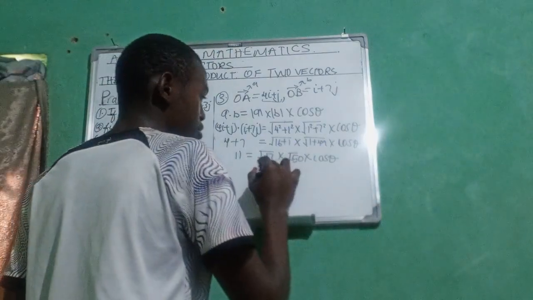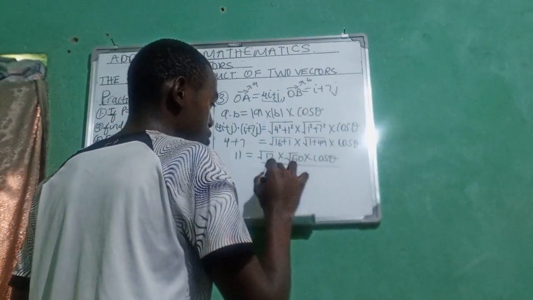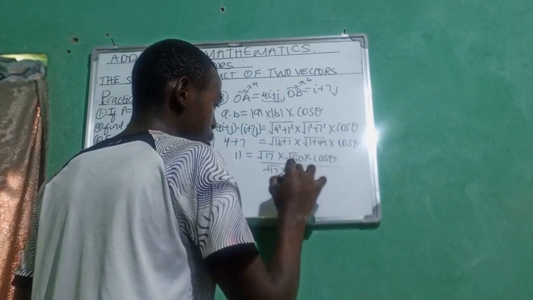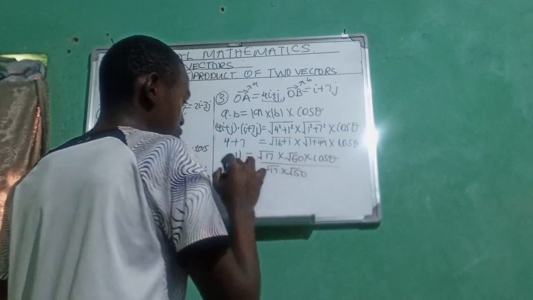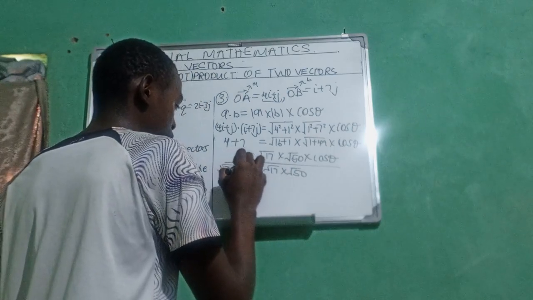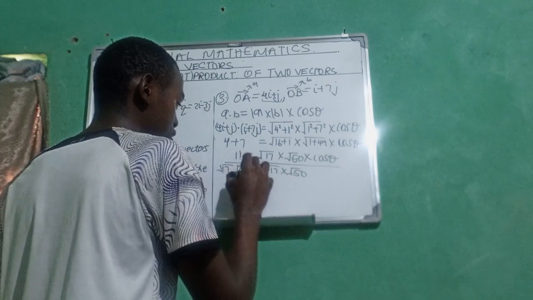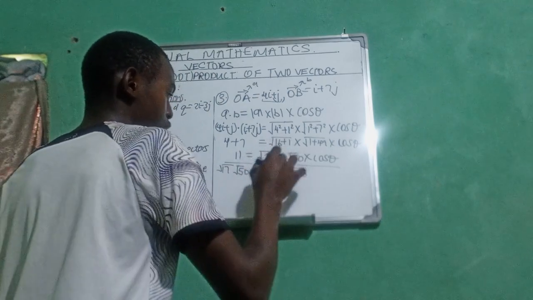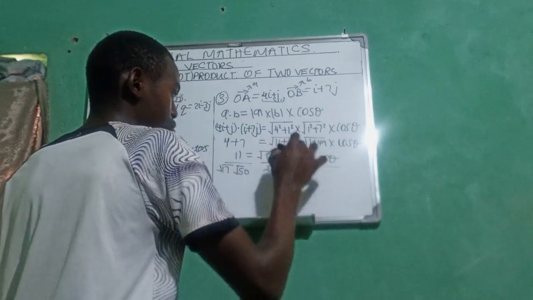Then we divide both sides by square root of 17 multiplied by square root of 50. So this and this give you ones.